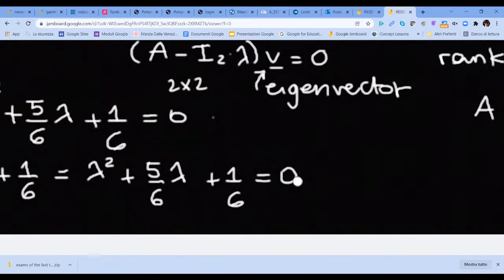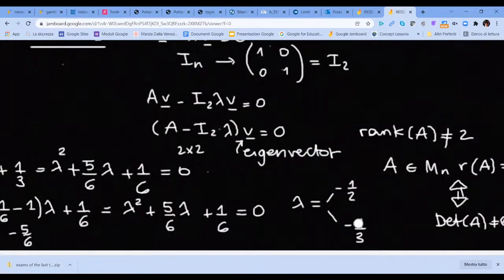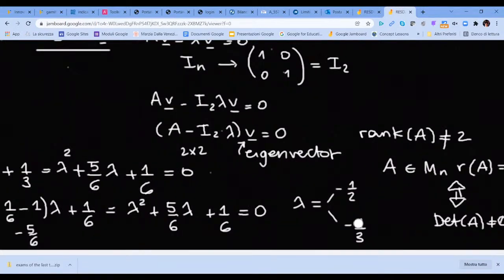These numbers are minus 1/2 and minus 1/3. So minus 1/2 and minus 1/3. You can use different ways in order to compute this one. You can use the quadratic formula, so minus b plus or minus square root of delta divided by 2a. But anyway, you have found two values. This is good because you can compute the eigenvectors that are associated to these eigenvalues.